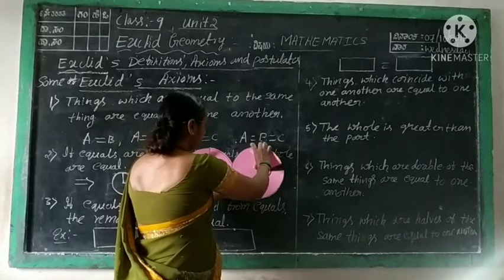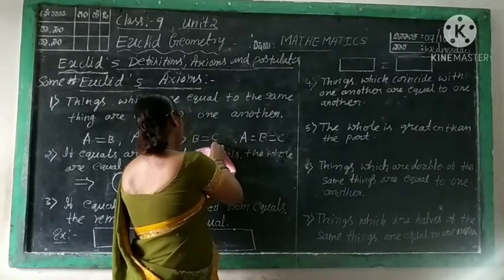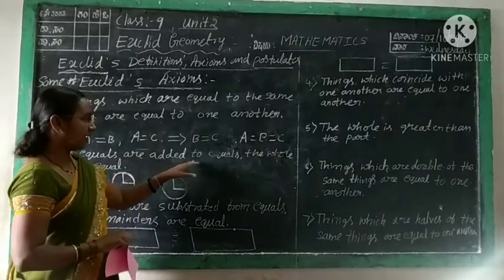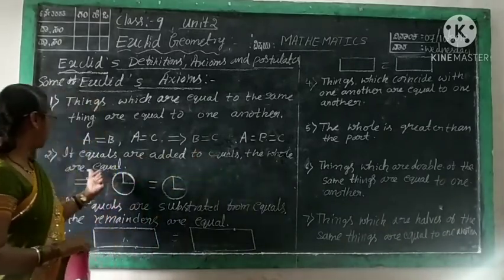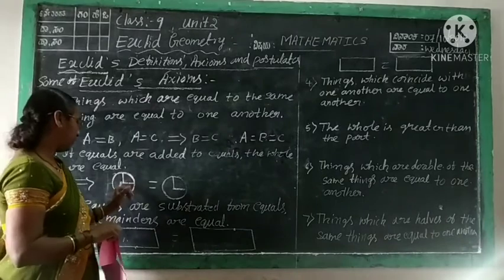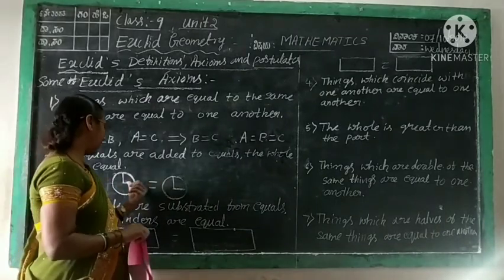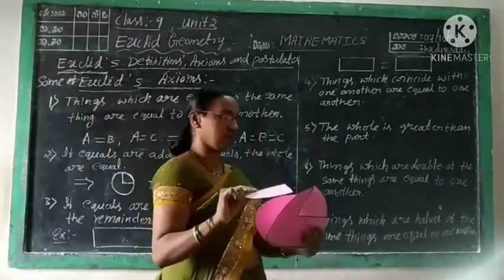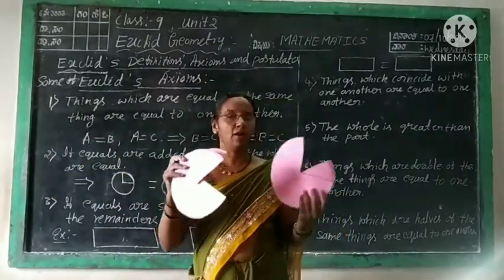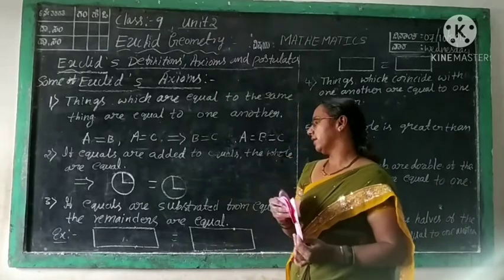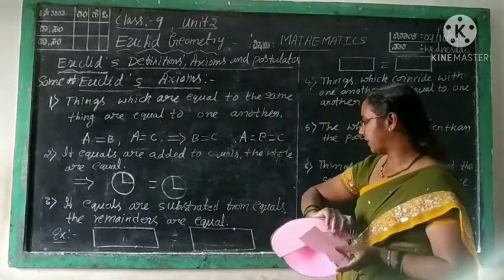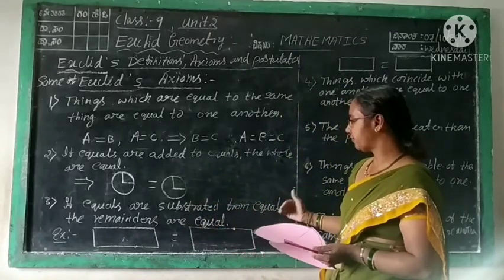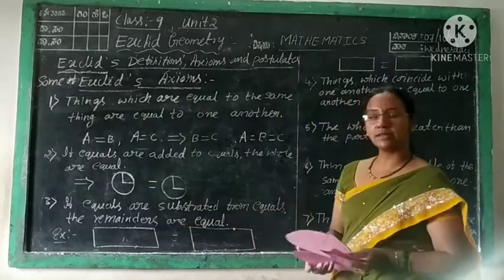The second axiom shows that when equals are added to equals, the wholes are equal. Then the third axiom is that if equals are subtracted from equals, the remainders are equal.